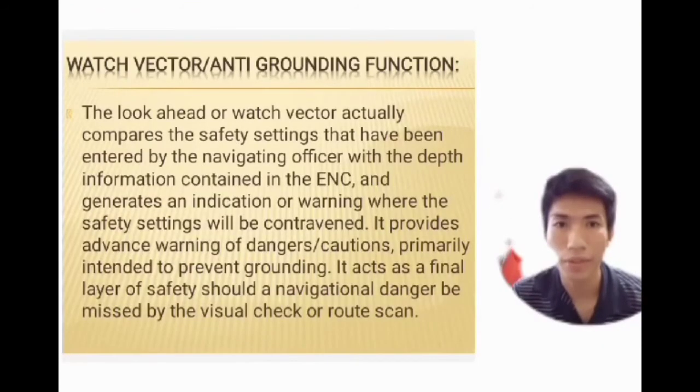So what is the look ahead, or grounding function? The look ahead actually compares the safety settings that have been entered by the navigating officer with the depth information contained in the ENC and generates an indication or warning where the safety settings will be contravened, and it provides advanced warning of dangers and cautions, primarily intended to prevent grounding, and it acts as a final layer of safety should a navigational danger be missed by the visual check or route scan.